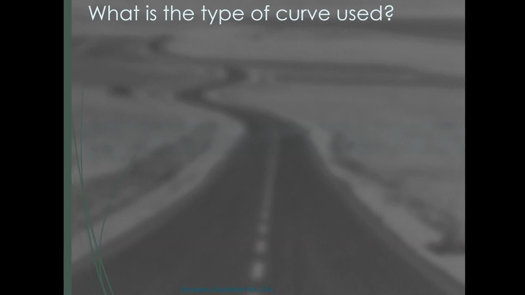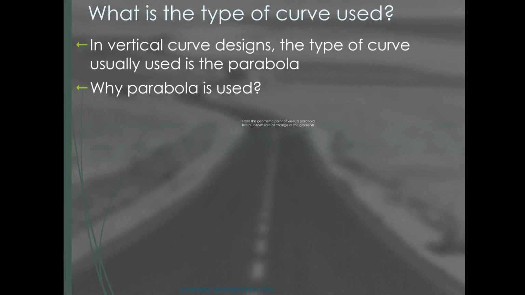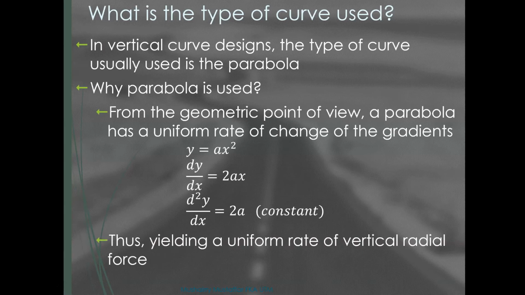We'll be able to use a cubic parabola, a spiral, or a lemniscate. Let's see how it is. In vertical curves, what we normally use is a parabola. Why parabola? We do have other kinds of spiral, but they've chosen parabola.